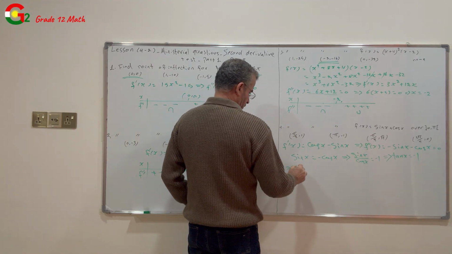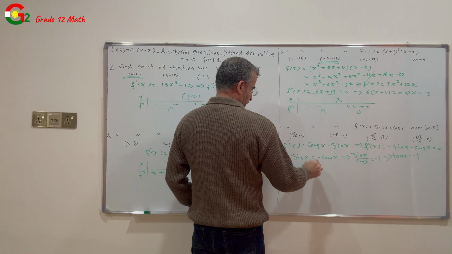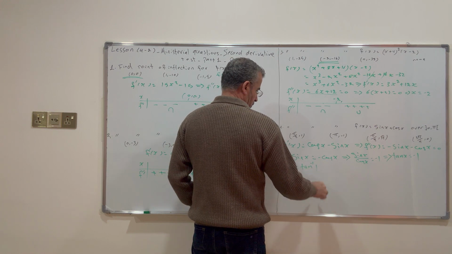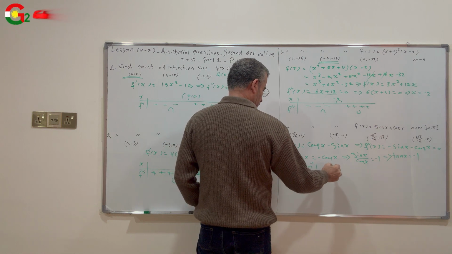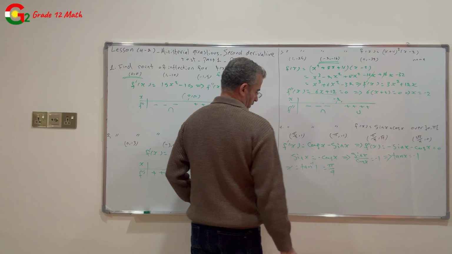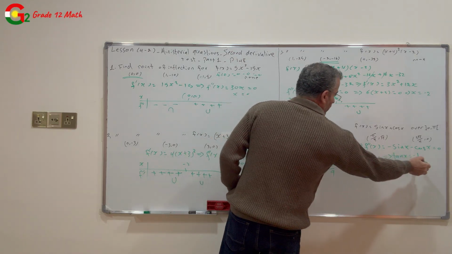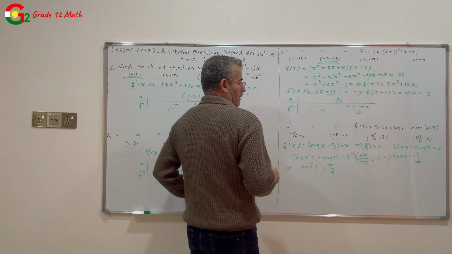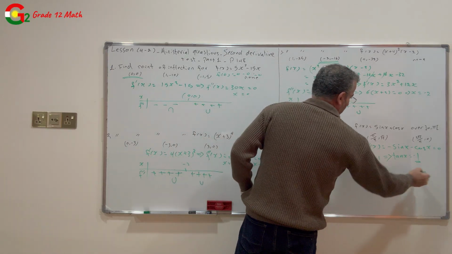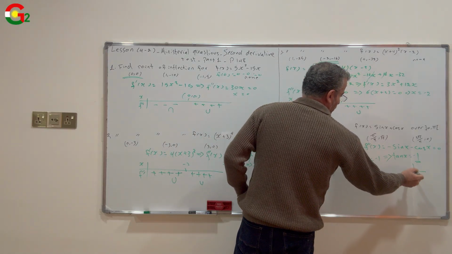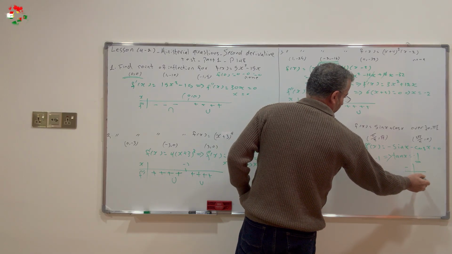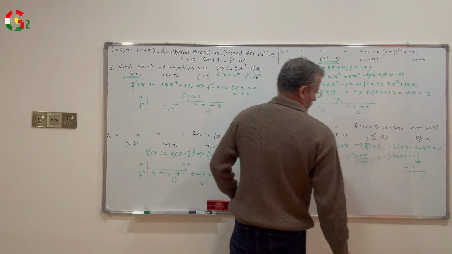Then x equal tan inverse of 1, which is pi over 4. Tan is negative in quarter 2 and quarter 4.